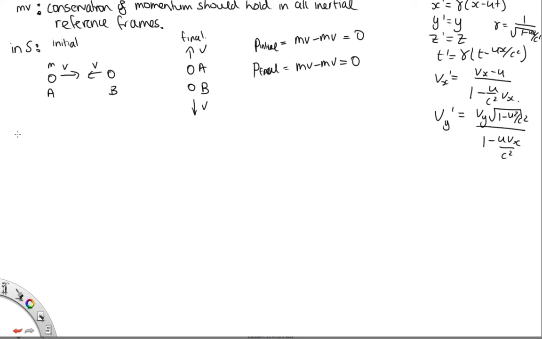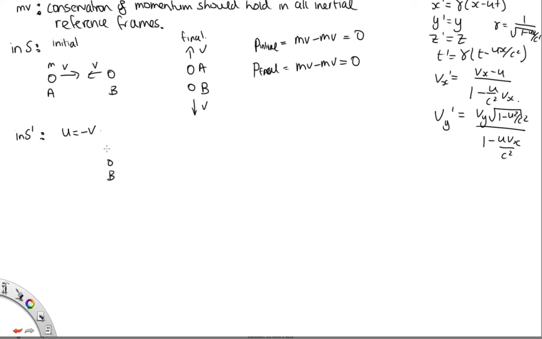What we're going to do now is consider frame S dash. Now, frame S dash is travelling with particle B. So particle B is initially at rest in frame S dash. So u is equal to minus v. We've got particle B here with v equals 0 to start with.